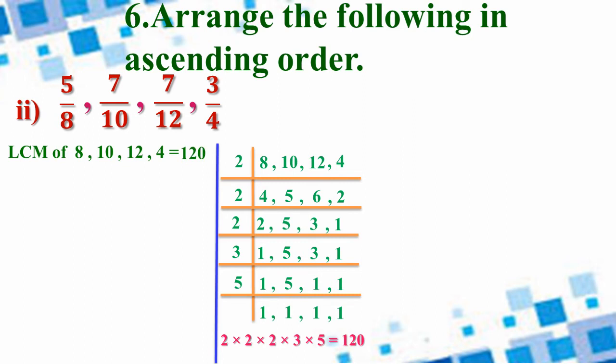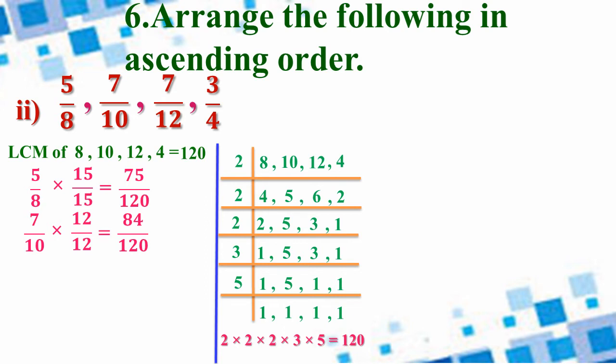Now we will multiply both the numerators and denominators of the given fractions by a suitable number. First, let us multiply both numerator and denominator of the fraction 5 by 8 with 15. So we get 75 divided by 120. Next, multiply both numerator and denominator of the fraction 7 by 10 with 12.